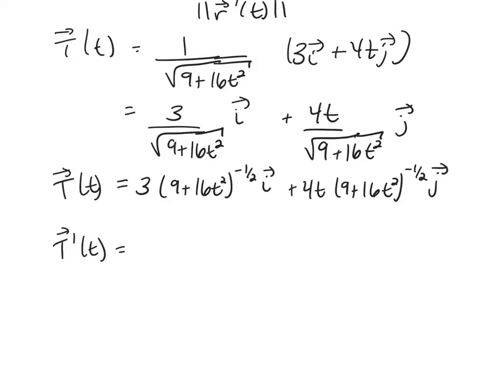So for the i component, you're going to use the chain rule. So you'll get a negative 3/2 when you bring the power down, (9 plus 16t squared), subtract 1, so to the negative 3/2. And then you multiply by the derivative of the inside, which is 32t.